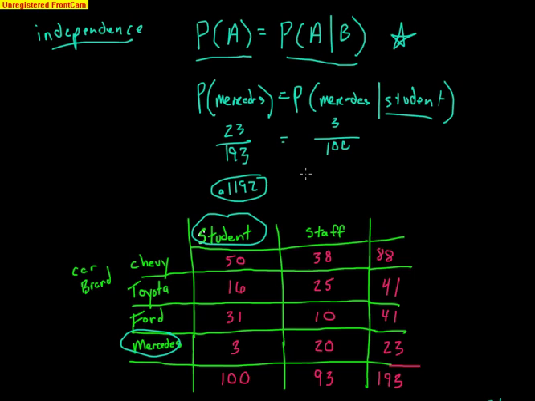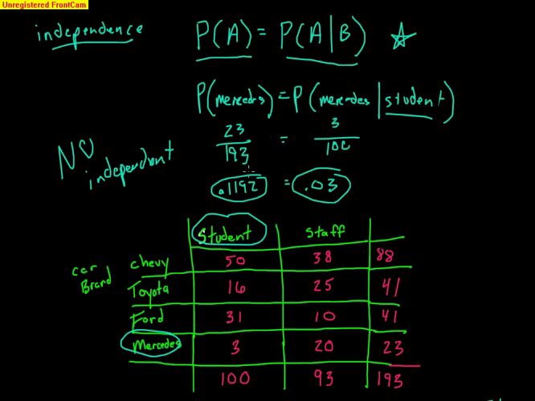So what does this tell me? This tells me that being a student dramatically dropped the percentage or probability of me owning a Mercedes. So this tells me that they are not independent. Remember, if they're equal, then they are independent. So this just proves that a person has a 12% chance of owning a Mercedes.